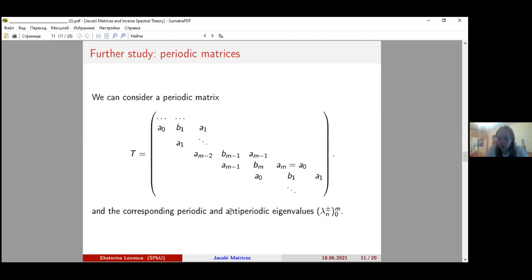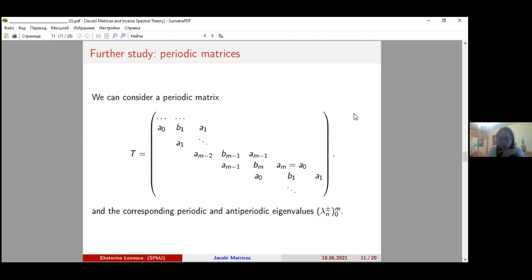And also we want to consider antiperiodic eigenvalues. It's the same thing, but we want an eigenvector to be something from 1 to m. And then for the next m points, we want it to be minus what was before, and then minus again. So it will be 2m periodic and antiperiodic every m steps.